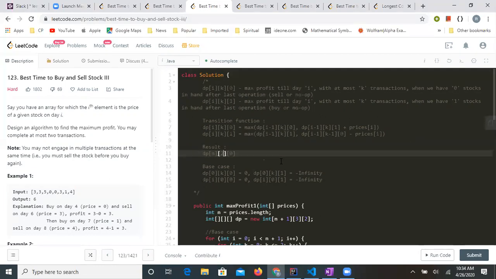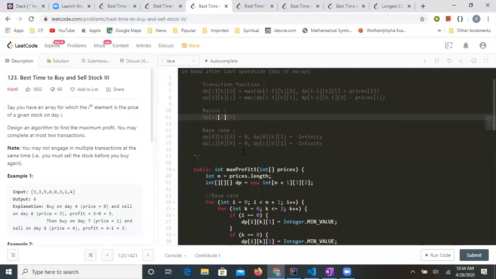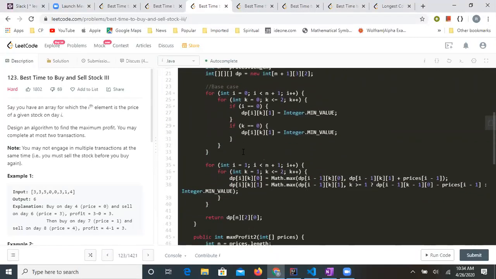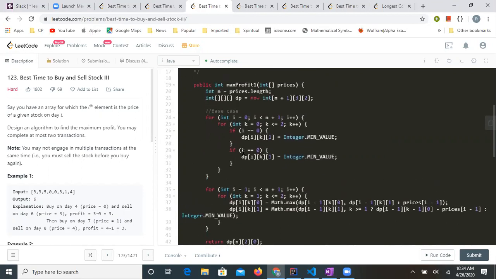Depends how I represent k, but yeah. How much profit can you get at the end of 2 transactions when you have 0 stocks in hand. And if you see the solution, it's the exact same solution which we just had.